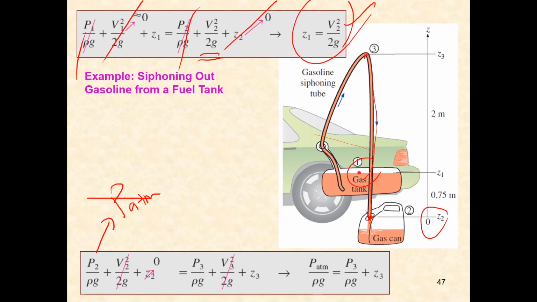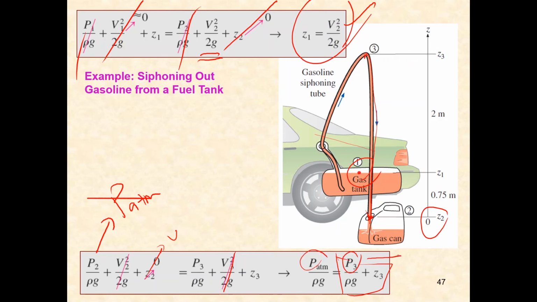Given that the cross-sectional area of the hose is constant, V2 equals V3, so you can just cancel them out. Okay, you can just take Z2 as the reference point 0 because it is lower, to make it easier. So this is 0. So at the end you get the equation where atmospheric pressure equals P3 over rho g plus Z3. This means that P3 is lower than atmospheric pressure.